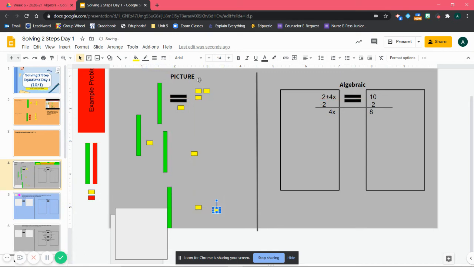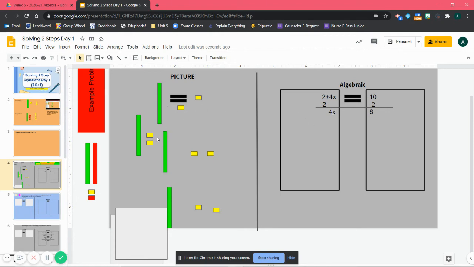So as I separate them, again, I'm trying to separate them into equal groups. So it looks like 1 candy bar is equal to 2 of these yellows, which are $2.